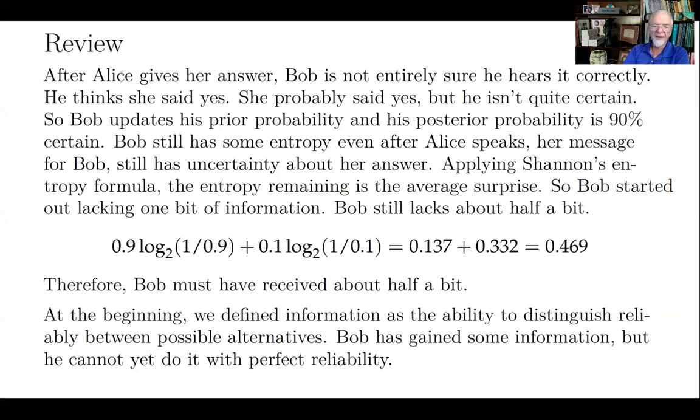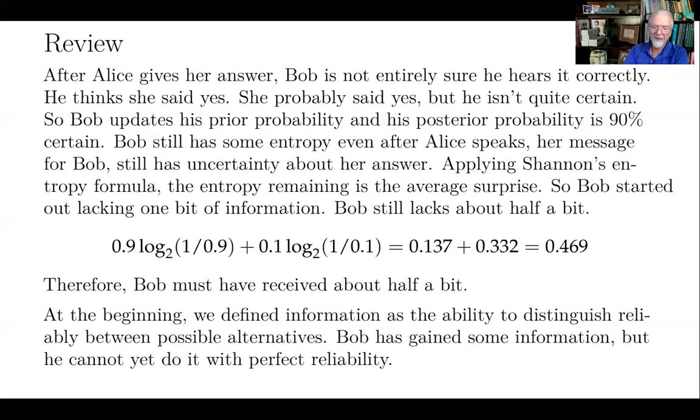So Bob started out lacking one bit of information, and now afterwards he has 0.9 log base 2 of 1 over 0.9 plus 0.1 log base 2 of 1 over 0.1, which winds up to about almost 0.5 of a bit. So he had one bit of uncertainty. After he received the message, he only has a half a bit.